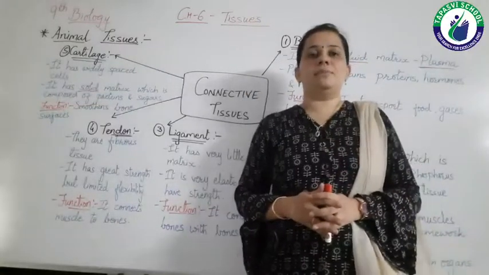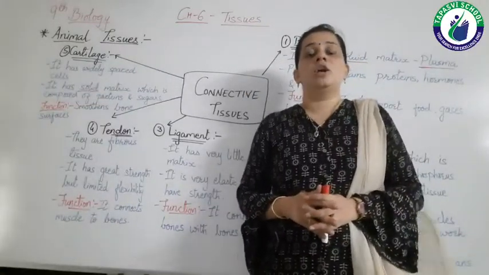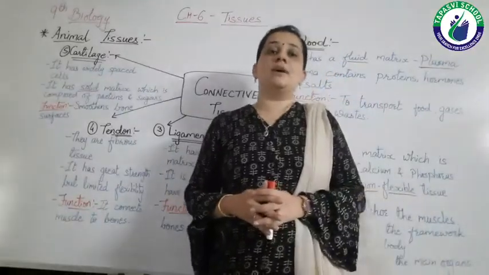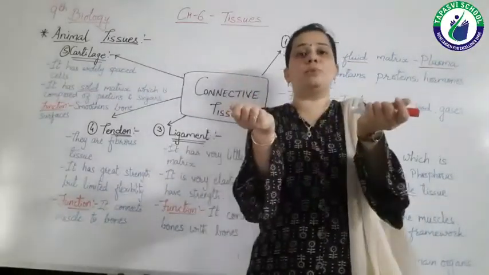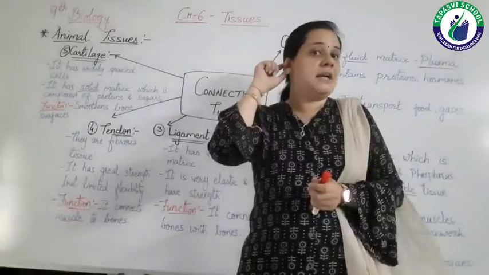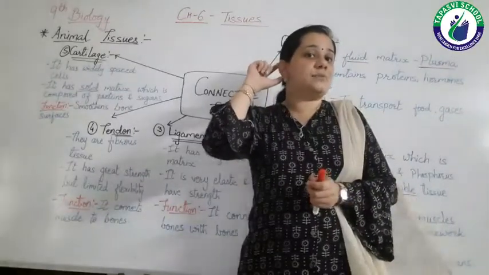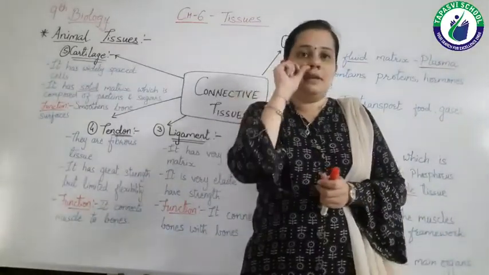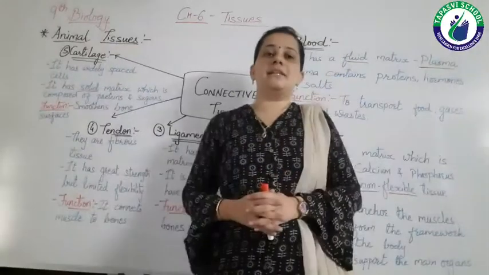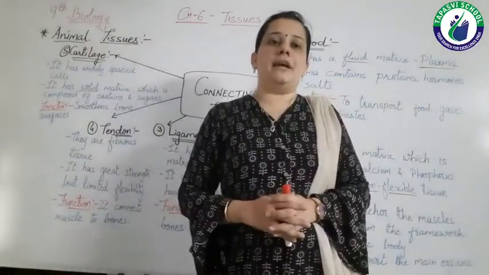Cartilage is flexible but it is not as strong as bones. We cannot bend the bones but we can bend the cartilage. So cartilage is present here in the ears, here in the nose as well as in the larynx and trachea.